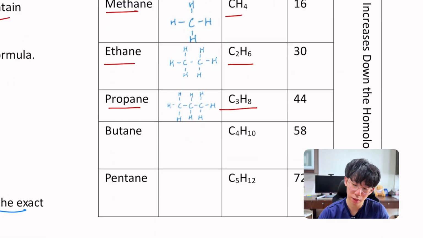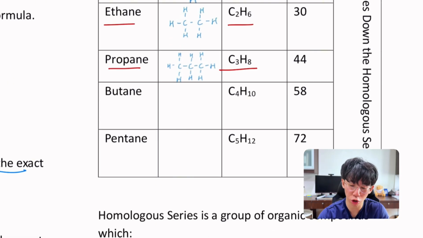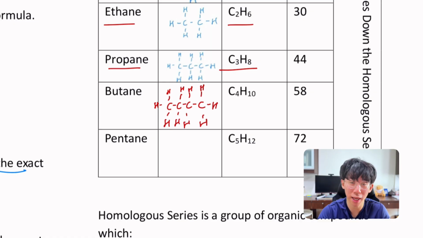Here in butane, if I were to draw it, I would just draw 4 carbons in a straight chain in the same homologous series, and this would be the structure. And in pentane, I'm adding just another CH2 unit in the middle. And if I were to draw all the bonds, it would be as such.